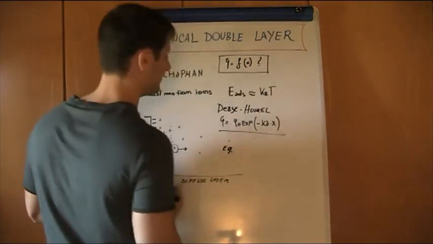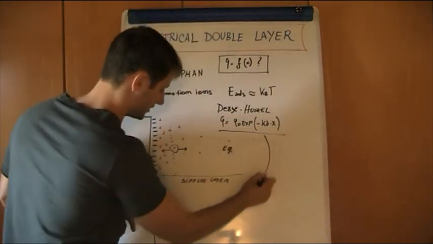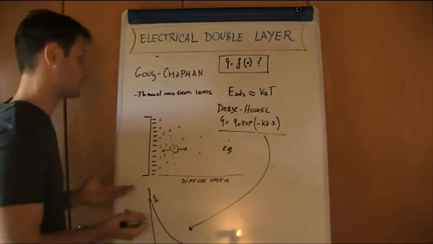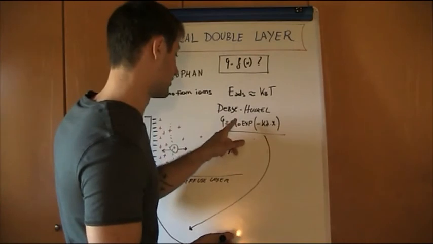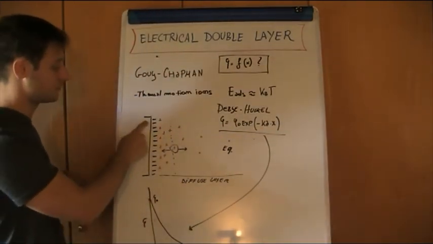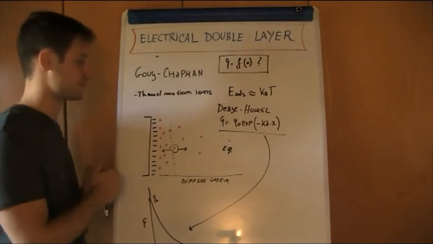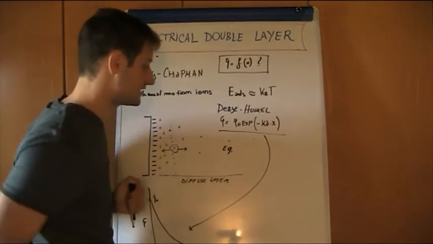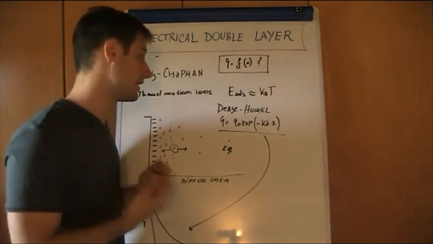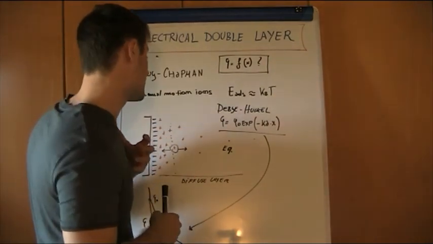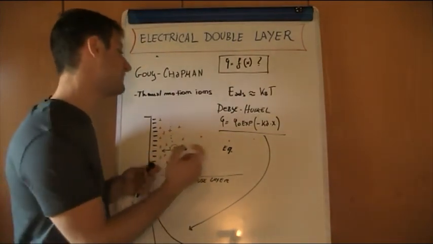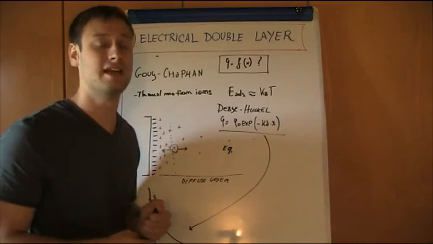That is the function describing this profile. So obviously this parameter is the surface potential, the potential associated with the surface of our electrode, for instance. This is the distance, and this is the Debye length, a parameter that is able to quantify the thickness of the electrical double layer, basically.